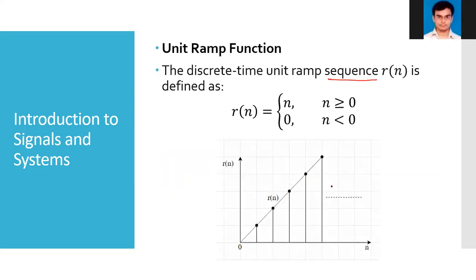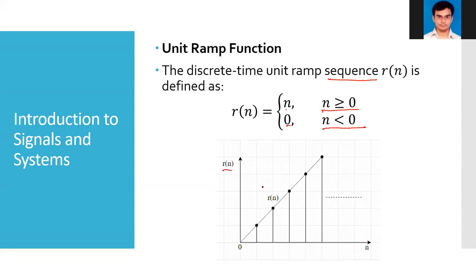So the discrete time unit ramp sequence R of n is defined as R of n is equal to n for n greater than or equal to 0 and 0 for n less than 0. And you draw it like this. On x-axis you have n, on y-axis you have R of n.